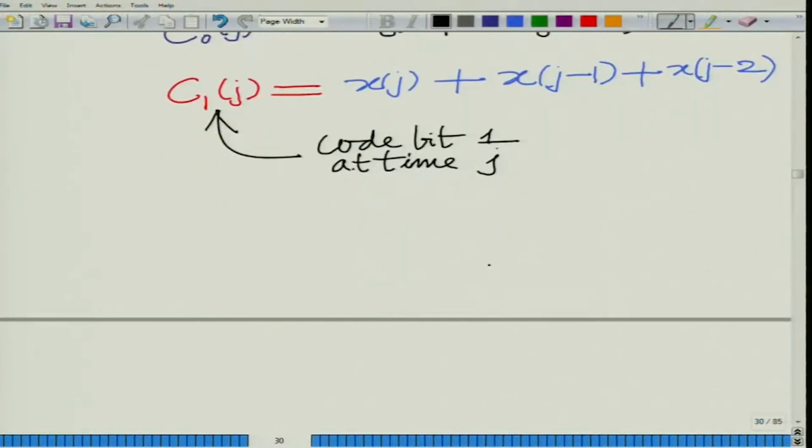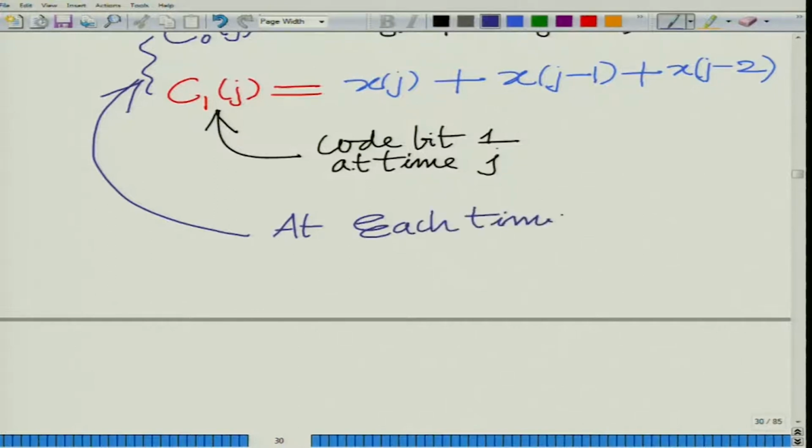So, at each time instant, for each information bit xj, two code bits are generated.